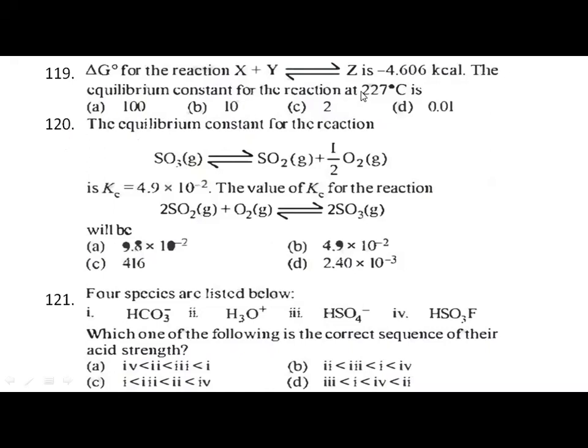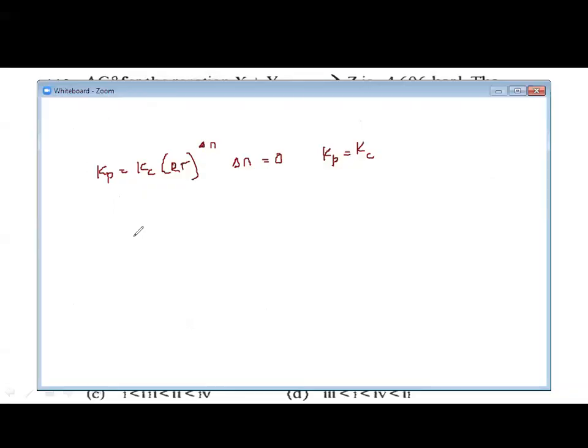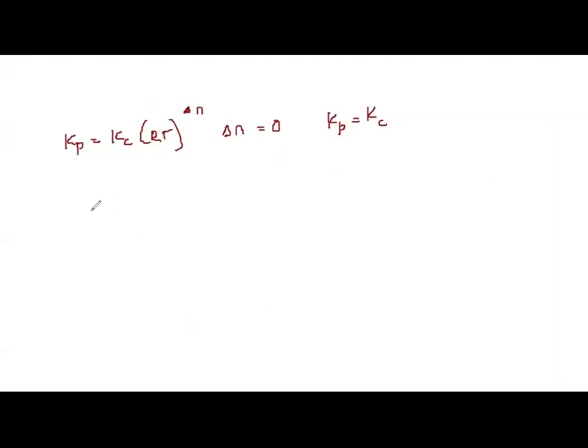Next question. Delta G naught for the reaction X plus Y gives Z is minus 4.606 kilocalories. The equilibrium constant for the reaction at 227 degrees Celsius. We know the relationship between delta G naught and equilibrium constant. The relationship is delta G naught is equal to minus 2.303 RT ln K. That is Kc. Okay.